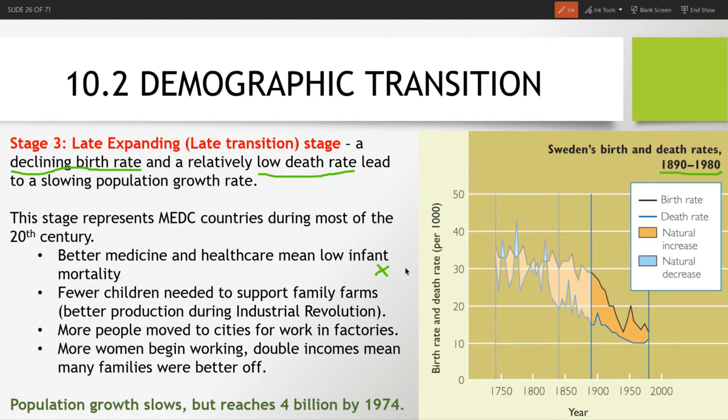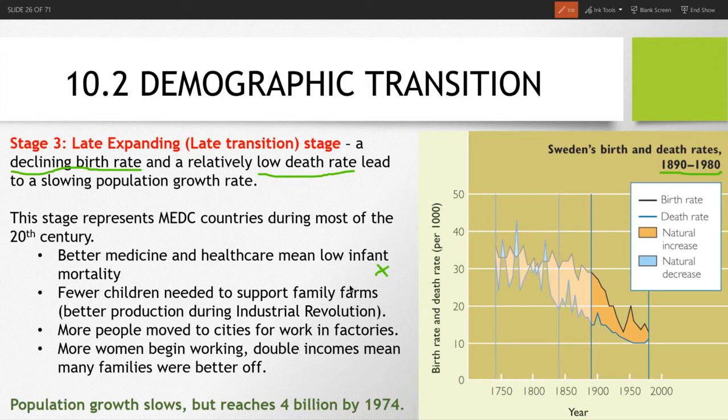So what better medication and healthcare would do is make it more common for children to live longer. Therefore, families who needed to support family farms would not necessarily have to have as many kids in an attempt to maintain their family. So their birth rates can go down if their children are living longer. Okay.